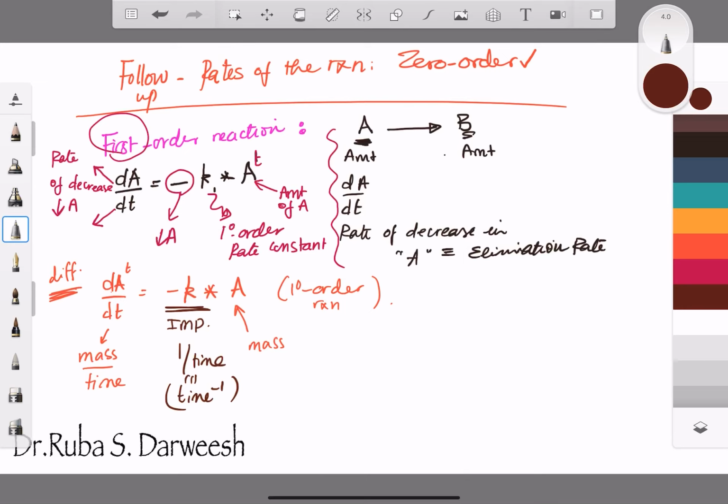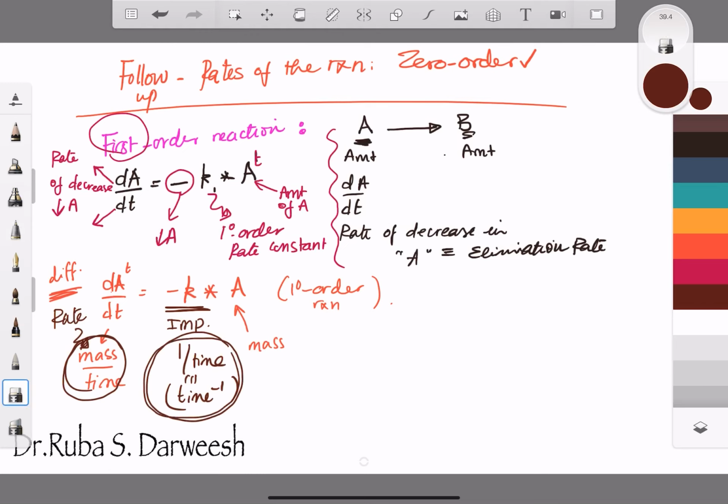This is very important. So the rate has mass over time unit, the constant has 1 over time unit, and the amount has mass unit, as we know.